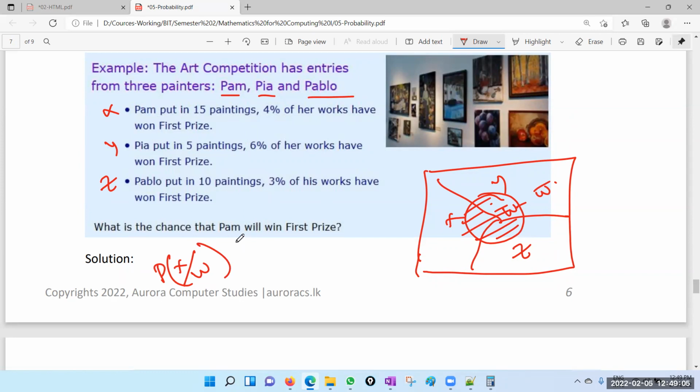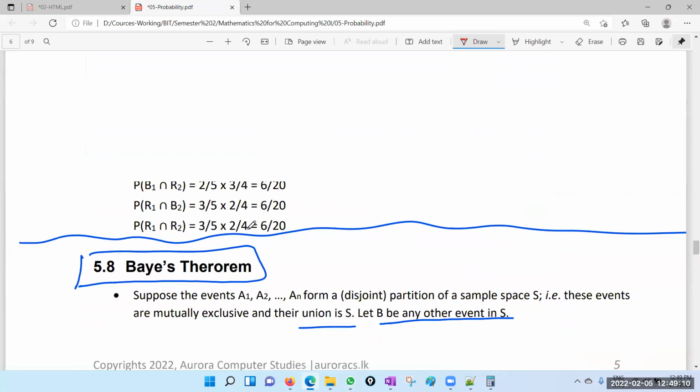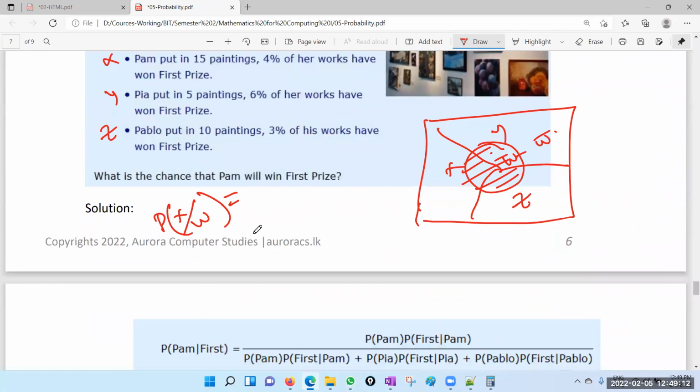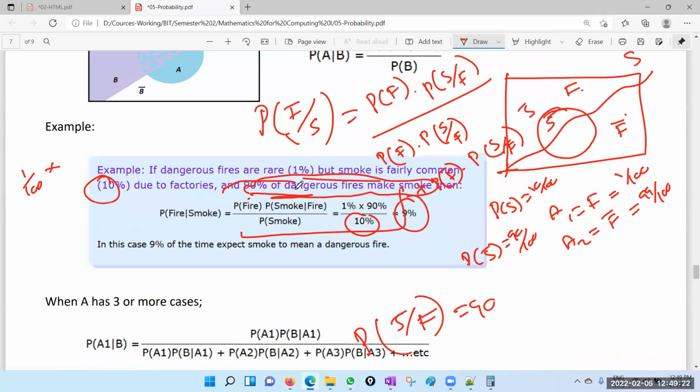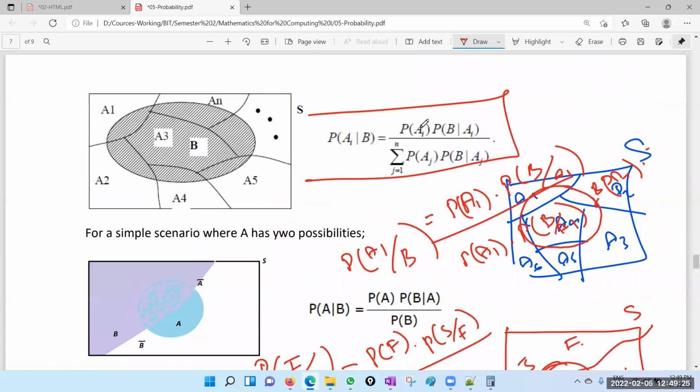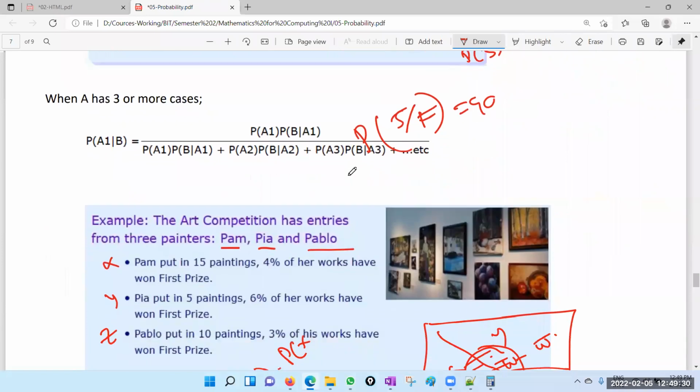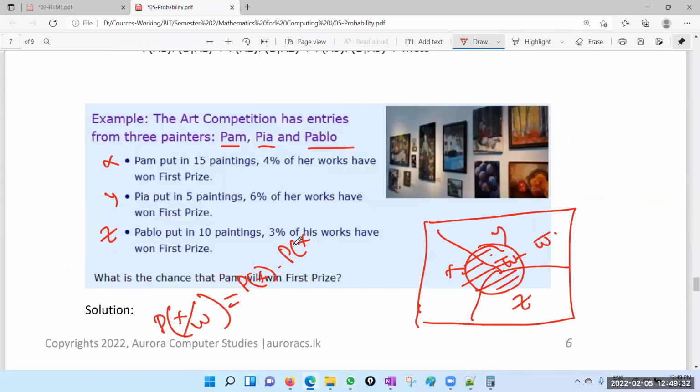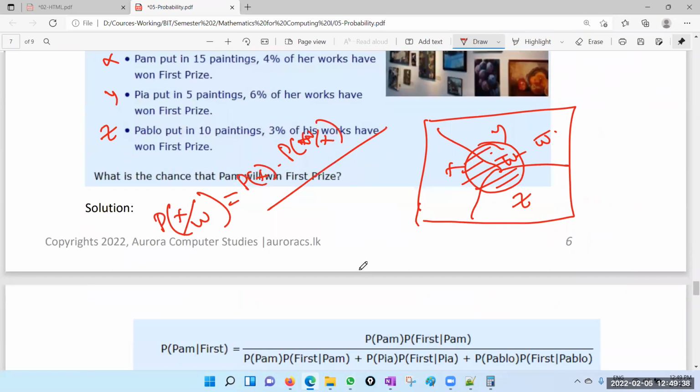If you want to put it into Bayes theorem, you can put it as probability of X into probability of W given X, that is, Pam winning given Pam.